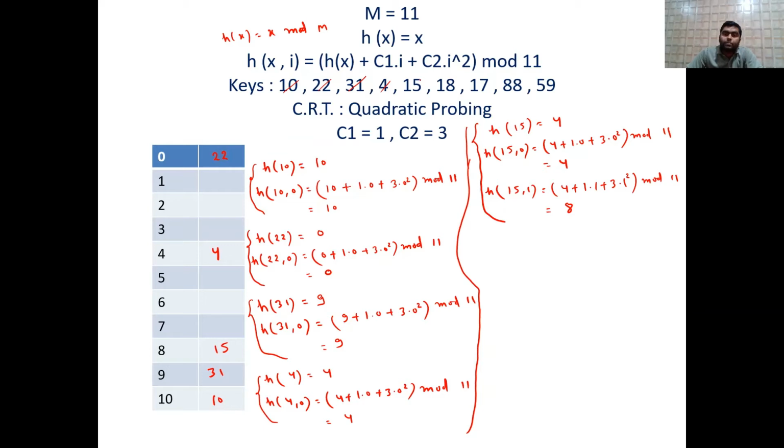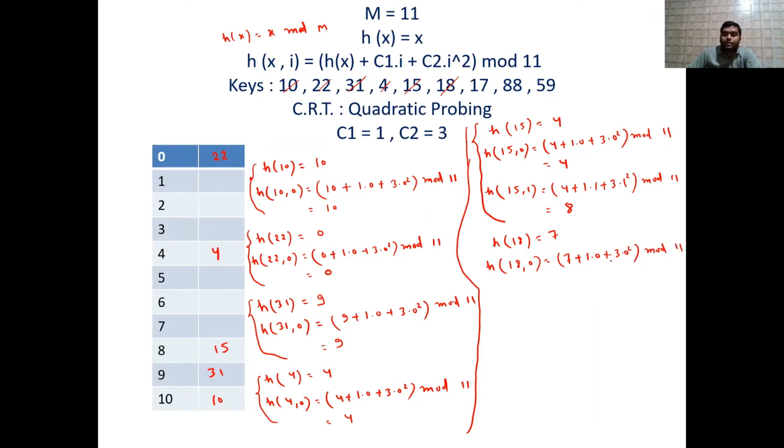So this 15 is over. Now next is 18. H of 18 is 18 mod 11, which is 7. Space is available at 7, so there is no issue. H of 18 comma 0 is H of 18, which is 7, plus 1 into 0, plus 3 into 0 square, and mod of 11.